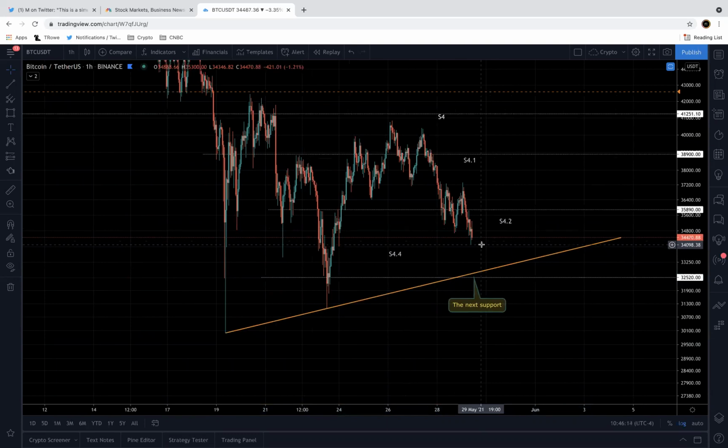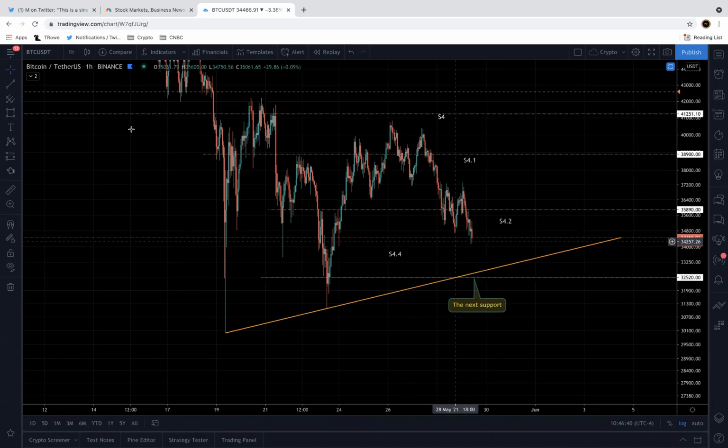Last means it should never return back. What we are seeing is all these bounces are returning back, and I consider this bounce as the main one, and this is a secondary one, and then this is another one which is going to be very important, right?